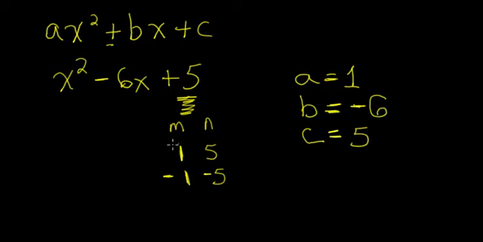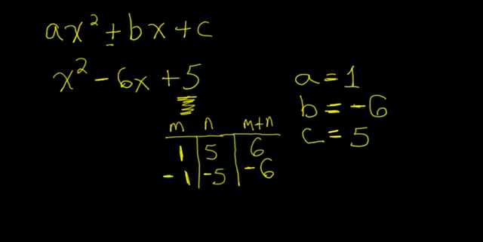This is just to keep track of them as we talk about the different steps. And in my table now, I'm going to add m and n. So 1 plus 5 is 6, and negative 1 plus negative 5 is negative 6. Well, I want the pair that adds up to b. And since b is negative 6, I want negative 1 and negative 5.